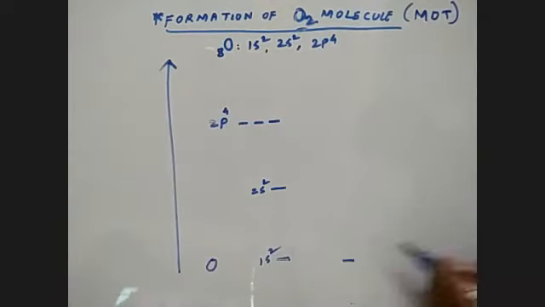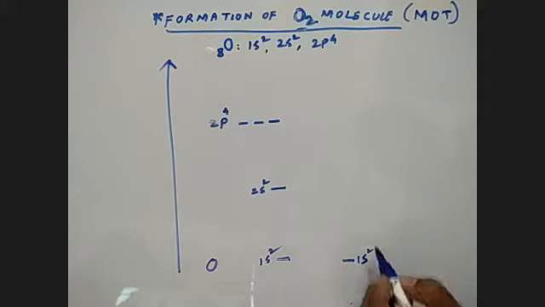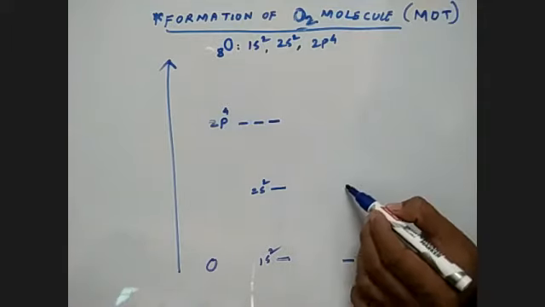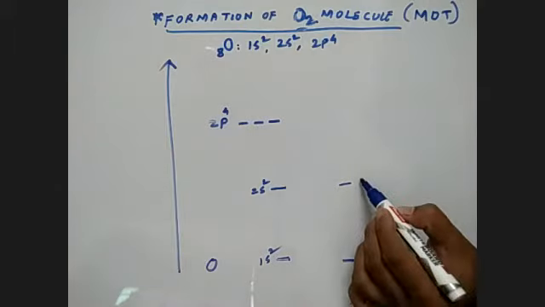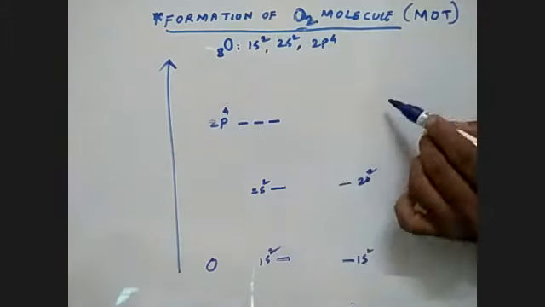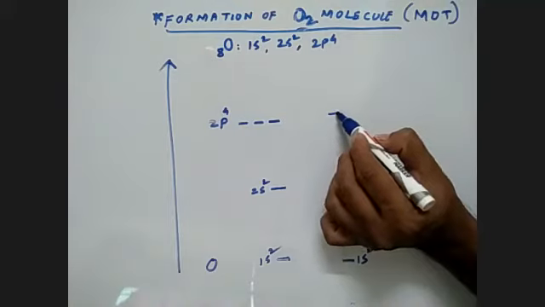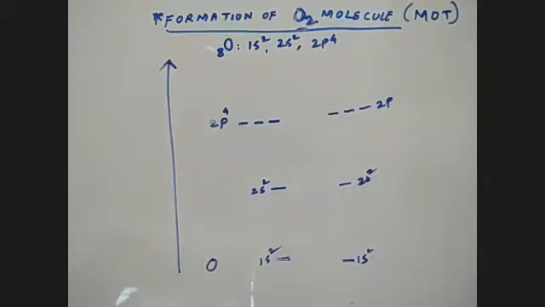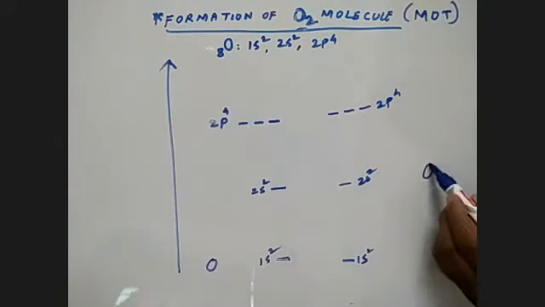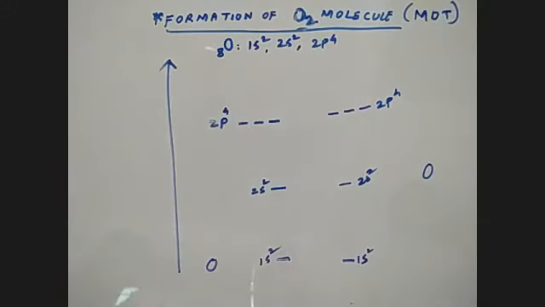So you can write like this: 1s2, 2s2, and here 2p4. This is another oxygen atom. Now fill the electrons.